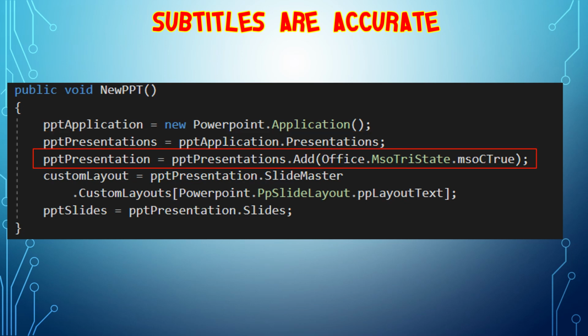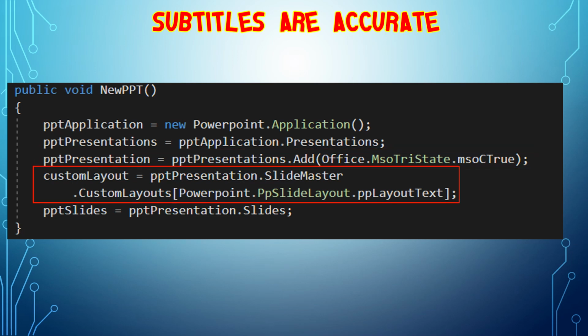On this line, we add a blank presentation to our previous variable. This just has the allowed templates for a new slide that we use when we add new slides. Finally, we grab a collection of slides.